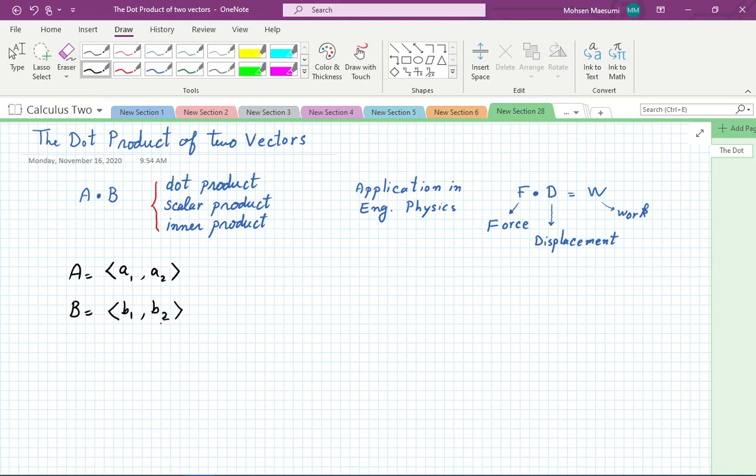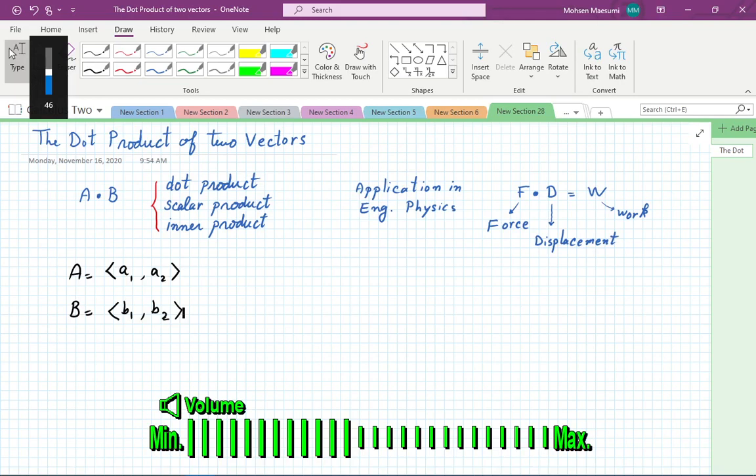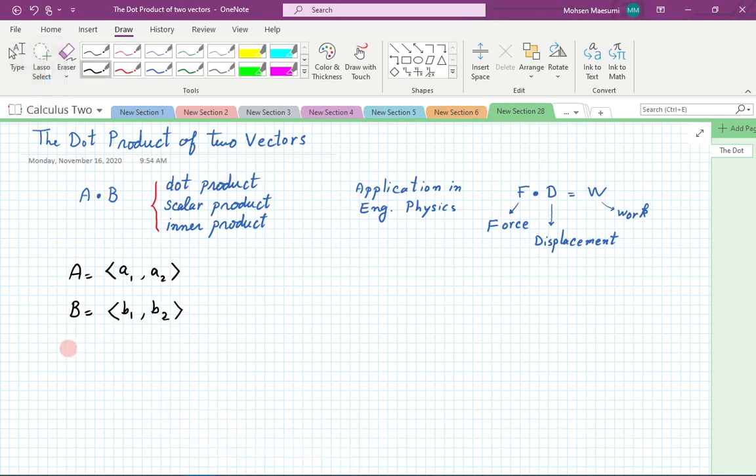In this case, the dot product is simply the product of the first components, A1 B1, plus the product of the second components, A2 B2. So we are adding them up to get one single number out. This dot is not optional, it has to be written all the time.